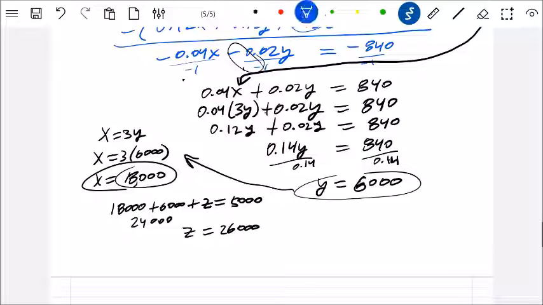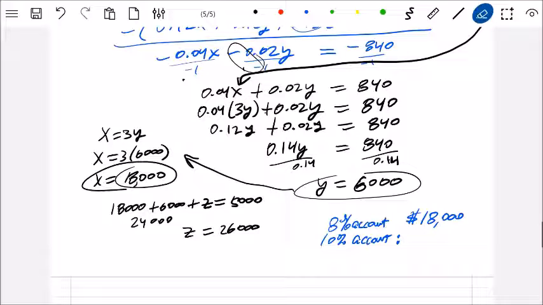So our answer in this is going to be that the 8% account has 18,000 in it. The 10% account, and that's what I need to show with these dots here, has 6,000 in it.